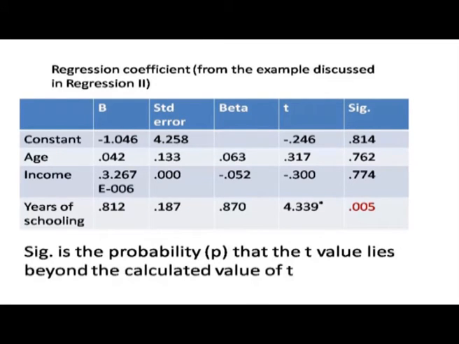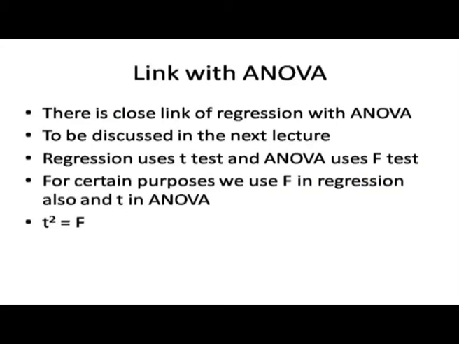An example: this will be the computer output for multiple regression analysis. B, standard error, beta, t, significance. I have already discussed this issue. So, t is also linked with regression and with analysis of variance. We will discuss analysis of variance in the next lecture, and we use F, which is used when you are comparing 3 or more groups.